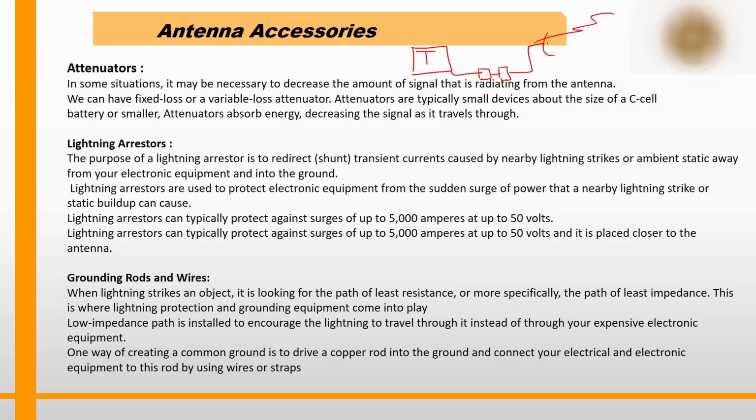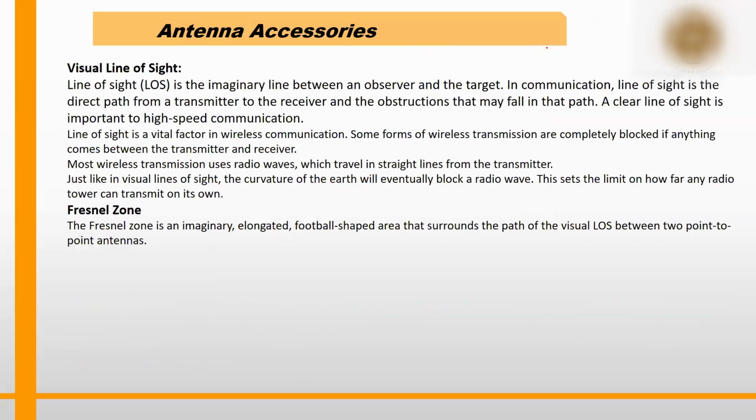If lightning strikes the antenna, the lightning arrester will have a grounding which will lower that impact and ground what is coming. So it will not let the transmitter get spoiled, but the lightning arrester will get spoiled, and you need to replace it. Instead of replacing the transmitter itself, which is very costly, you just replace this. That is the use of lightning arresters. You will also have grounding rods and wires for protecting your infrastructure.